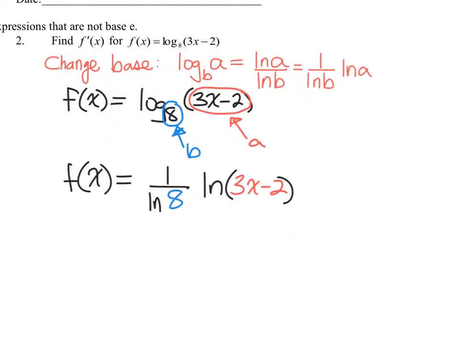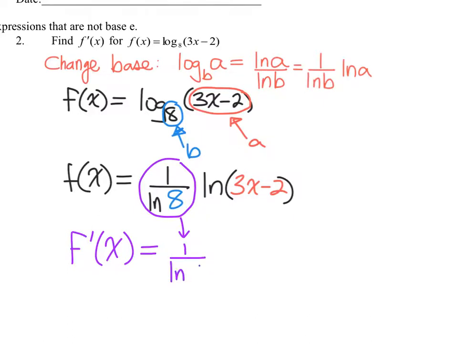That's an equivalent log expression, and more importantly, something I can differentiate easily. So here's my constant multiple. No matter what form it's in, it's still a number. 1 divided by a natural log of 8 is some decimal value. I don't care what it is, I just know it's a number. So carry that down: 1 over ln of 8.